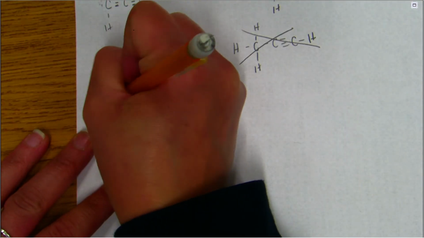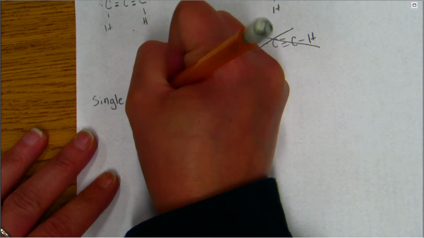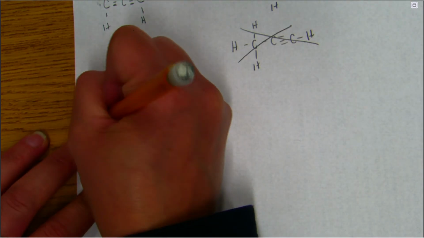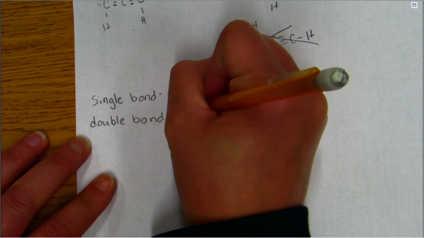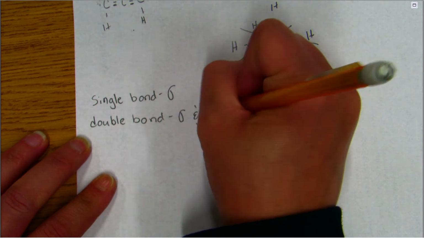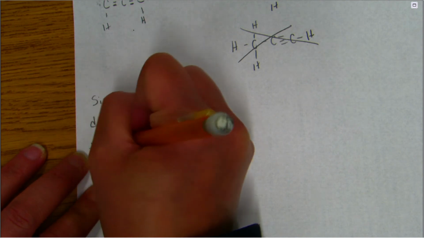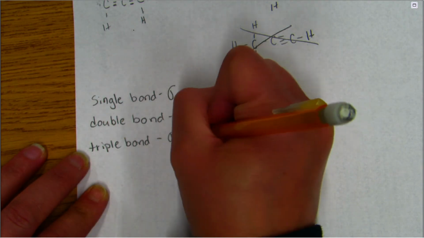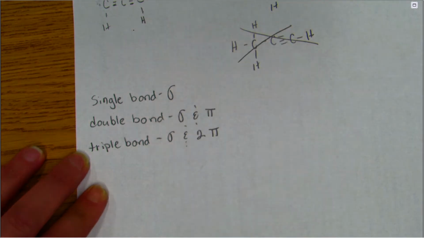I'm sorry, I just said that backwards. A single bond has one sigma. A double bond has one sigma and one pi. And a triple bond has one sigma and two pi bonds.